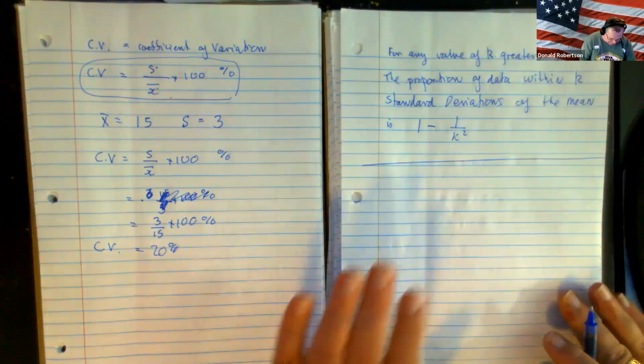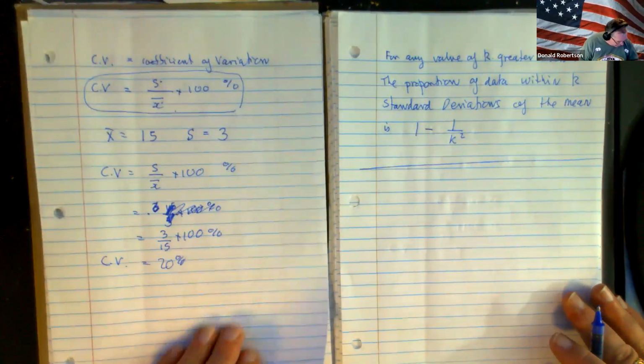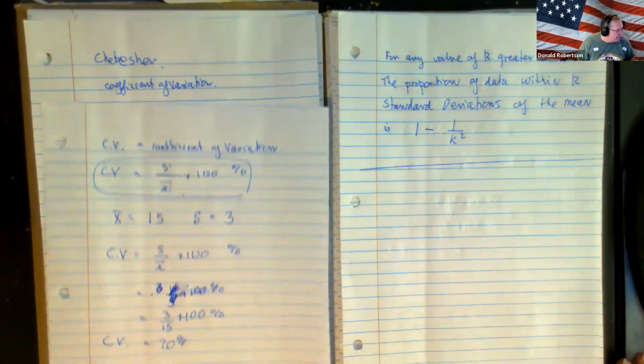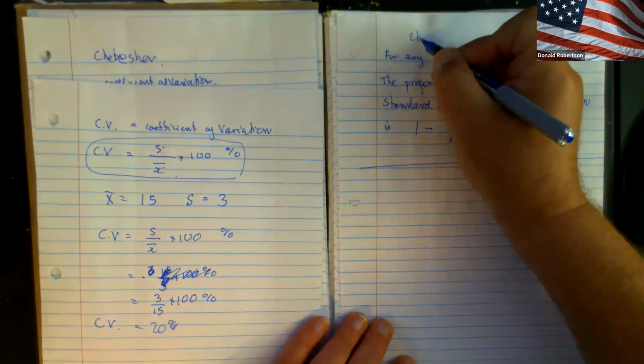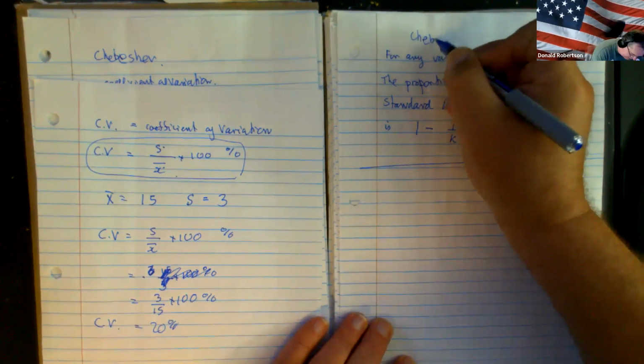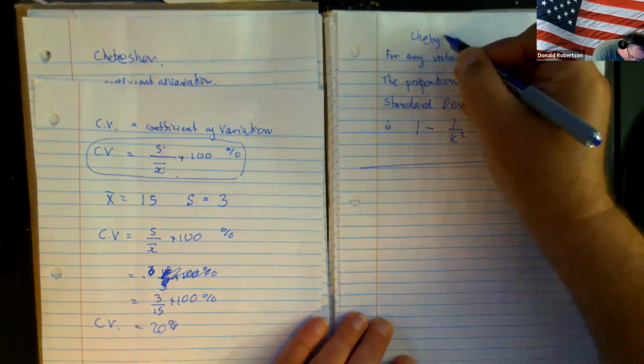So that's the Russian guy, right? That's Chebyshev's theorem. Yeah, and let me spell the poor guy correctly. There's a Y in the middle.